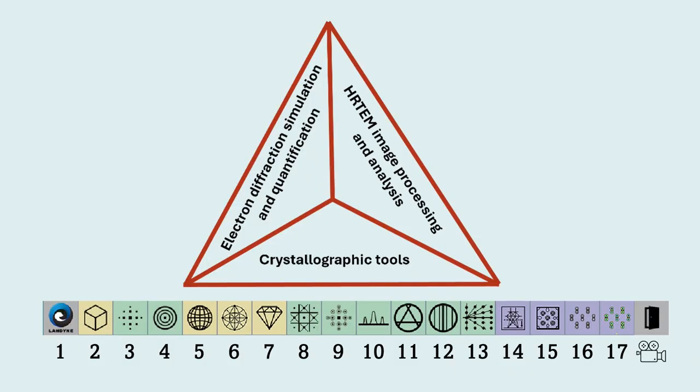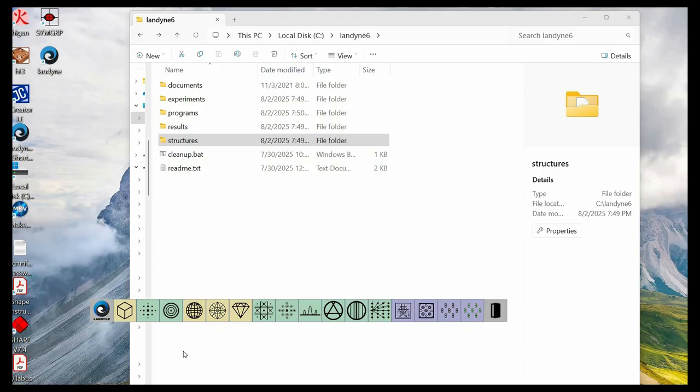The software applications can be classified into three categories. Here, a color code is provided in the launcher for easy identification. We will have a separate video to show each of the applications.